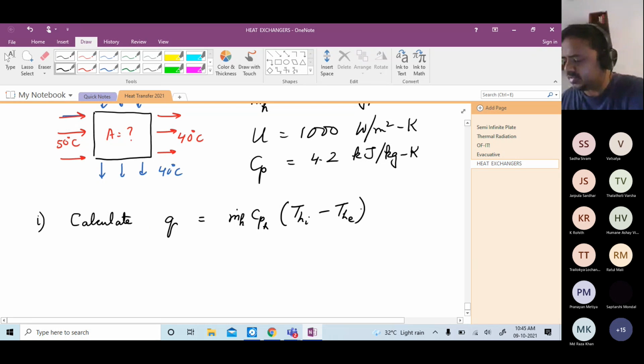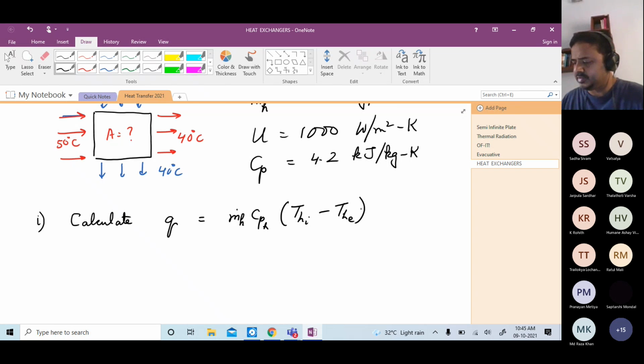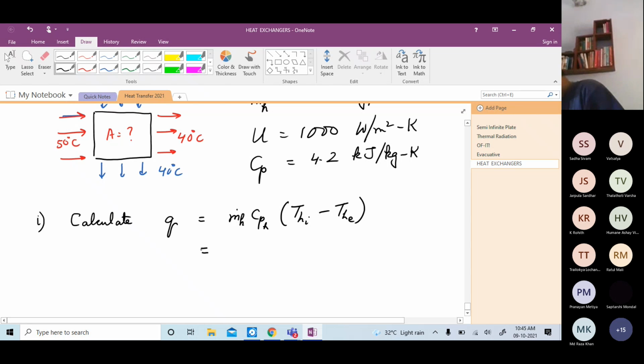I have everything. This, as per my calculations, comes to approximately 11.6 kilowatt. 11,594.4 watts, 11.6 kilowatts.